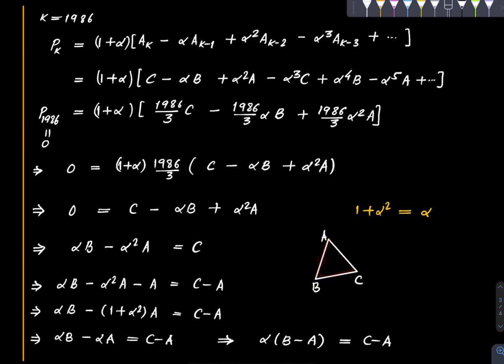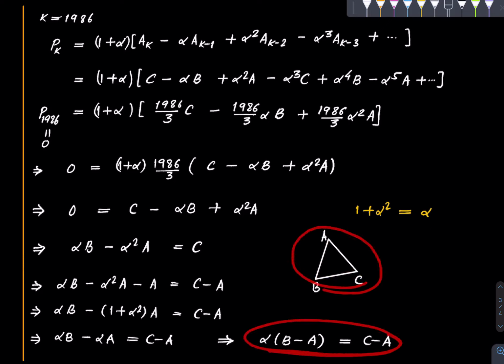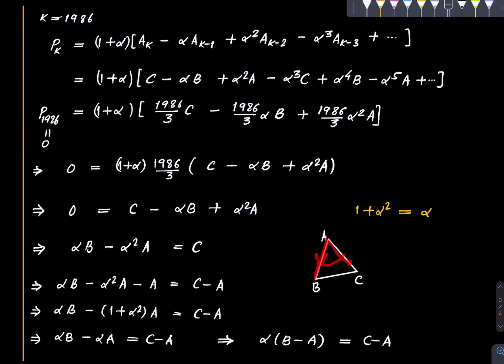Yeah, this is correct. So this is how the picture is going to look like. So if you just decode this thing, the picture is going to look like this. Once again, b minus a is that vector. If you rotate that by 60 degrees, you get that vector, and therefore the triangle has to be equilateral because these two things are equal and this angle is 60 degrees. That's it. So very nice solution to a fairly difficult looking problem, although as we saw, it is more or less a matter of computation.